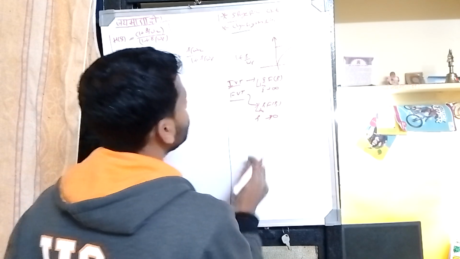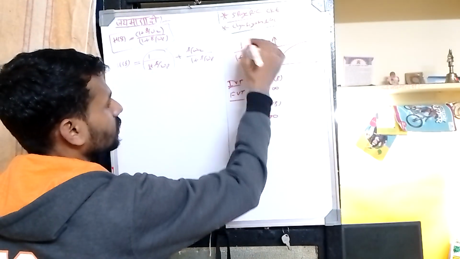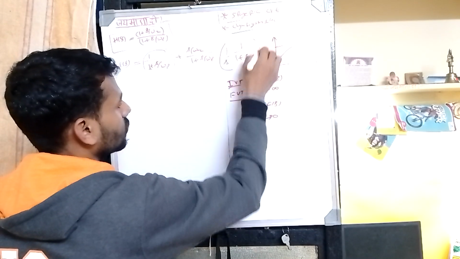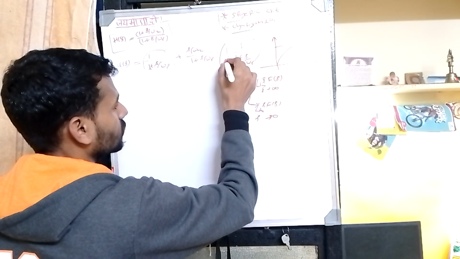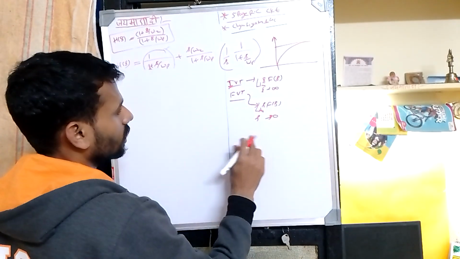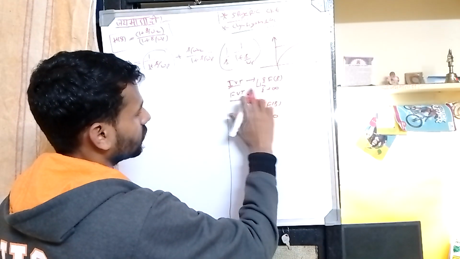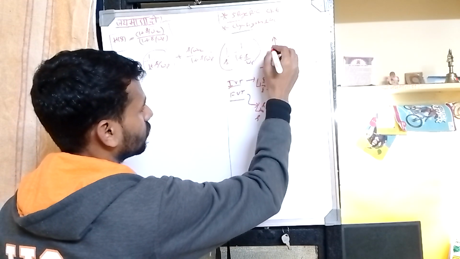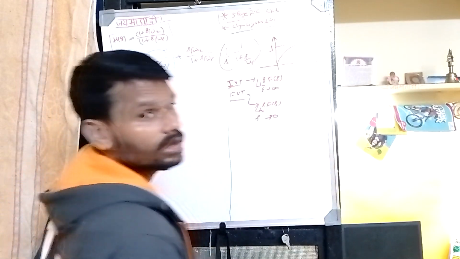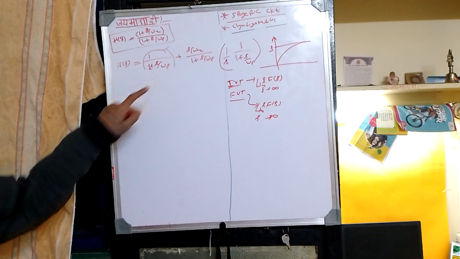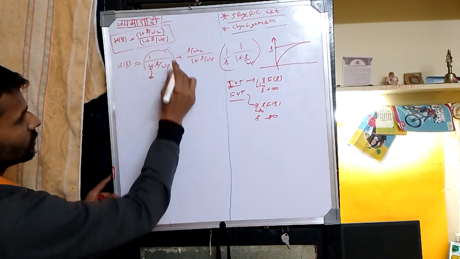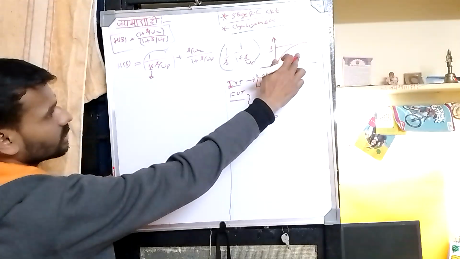So for this transfer function, the step response will be this, and if you apply the initial value theorem, the initial value will be 0 and the final value will be 1. So for this transfer function, this much is the step response.